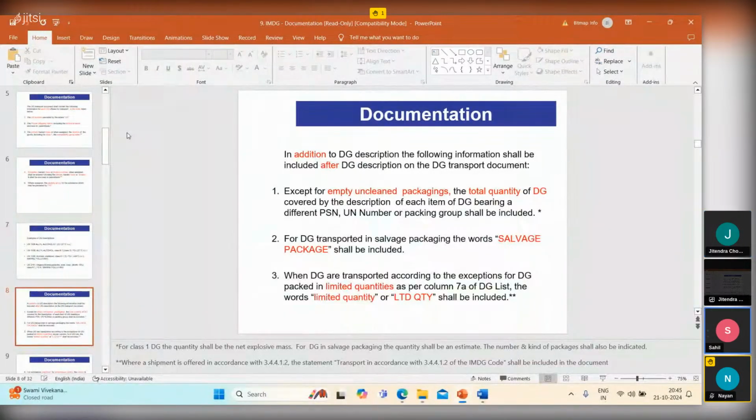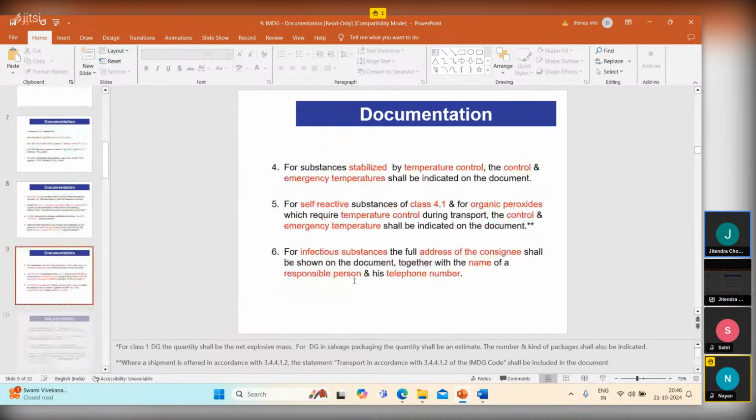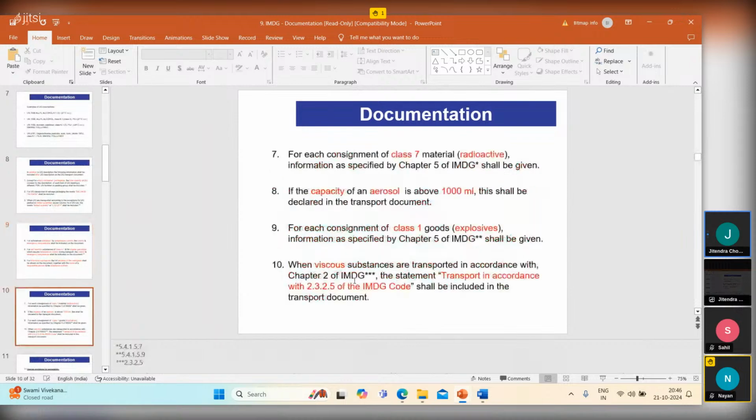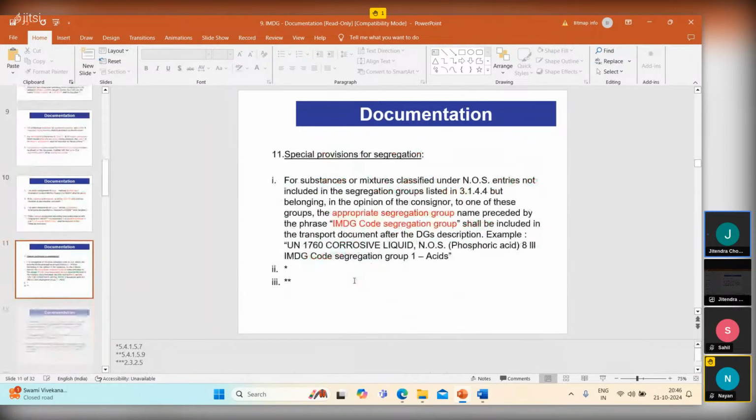Yes, sir. Understood. So for the documentation, we have studied the shipper declaration and the dangerous goods manifest. If there are any exemptions, they will be in the dangerous goods manifest. It may be a salvage package, limited quantity, or whatever type of cargo, self-reactive, whatever the class, quantity and capacity, aerosol, special provisions.